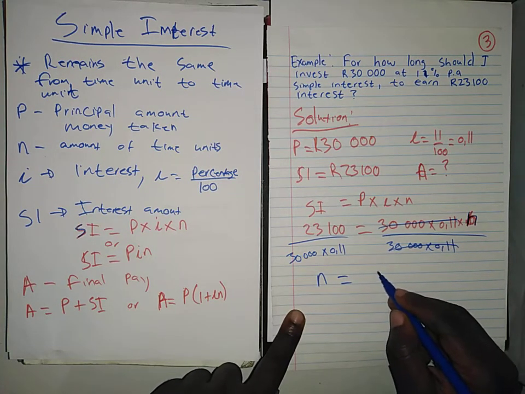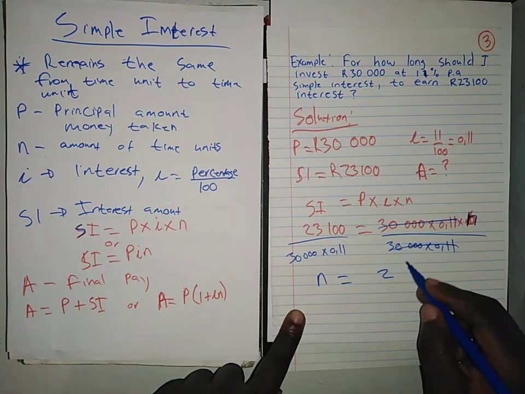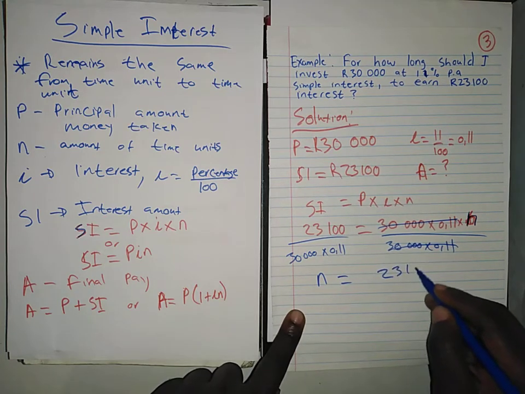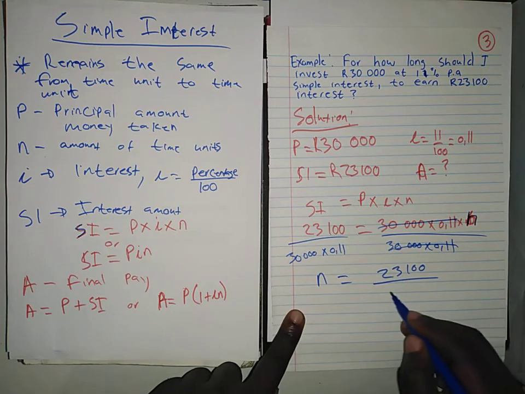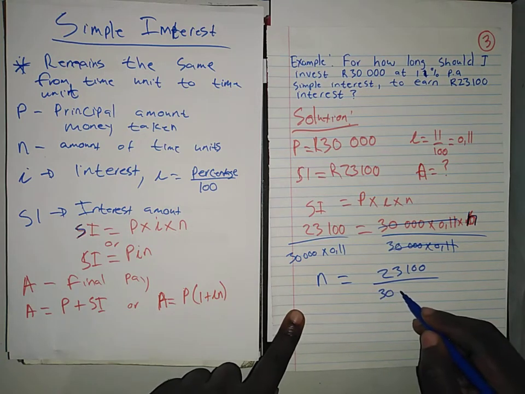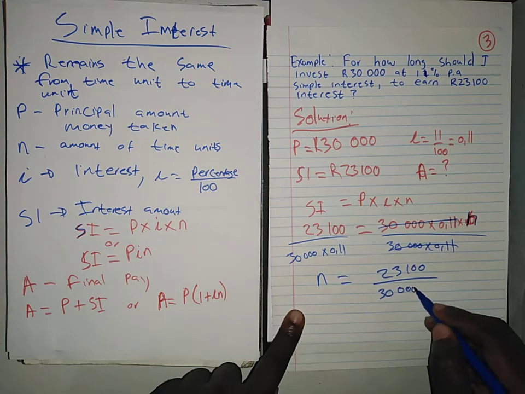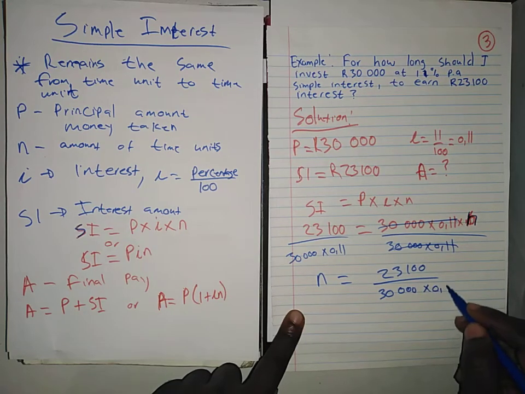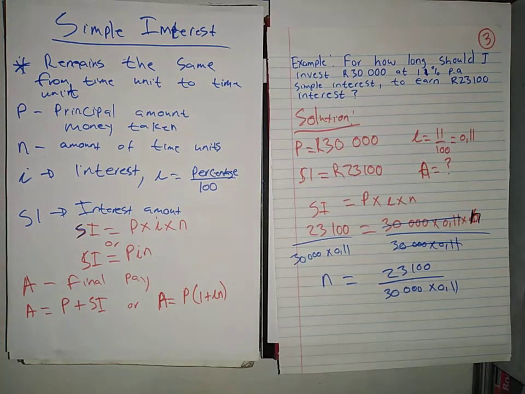N is equal to 23,100 divided by 30,000 times 0.11. I just put these things literally as they are in a calculator and see what I'm going to get. So 23,100 divided by 30,000 times 0.11.